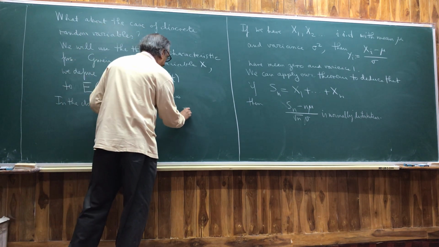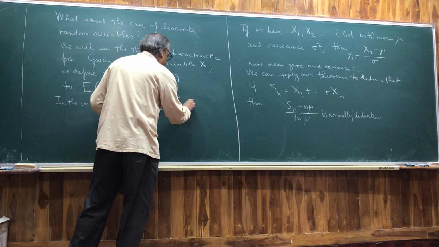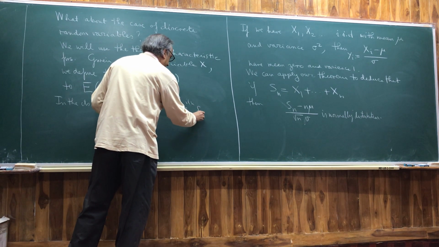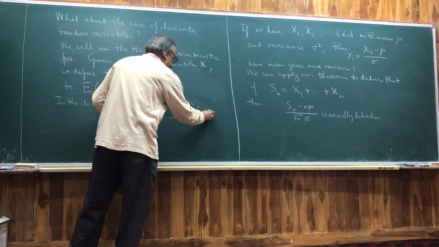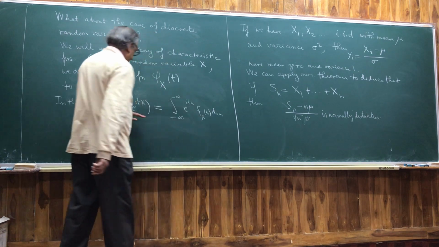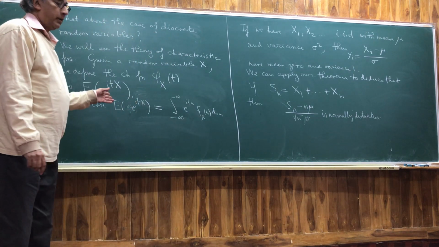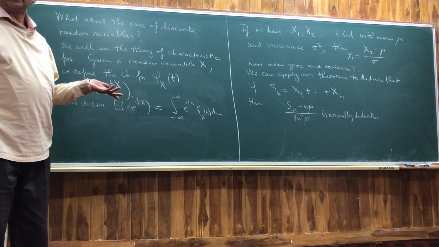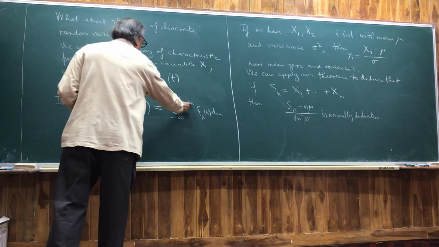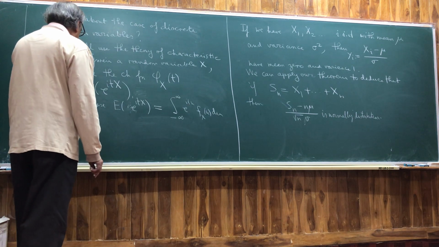So you have e to the i t u times the density function, du. So in the continuous random variable case, the characteristic function is nothing but the Fourier transform, exactly, with a small change in the sign.